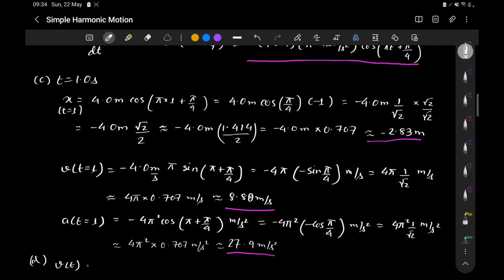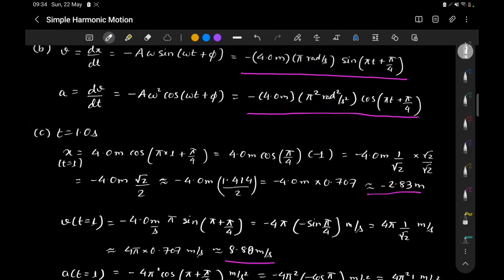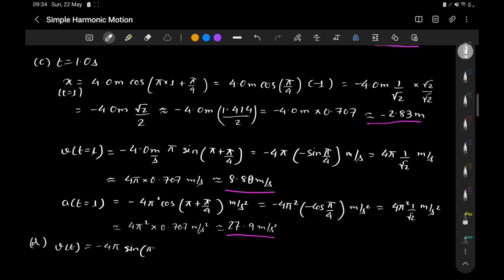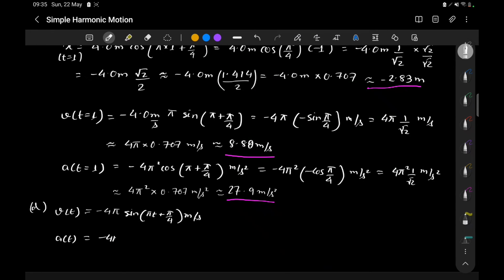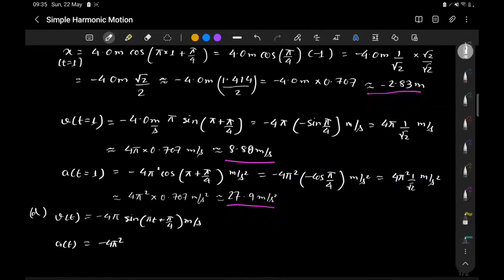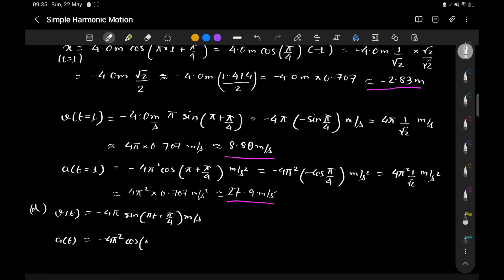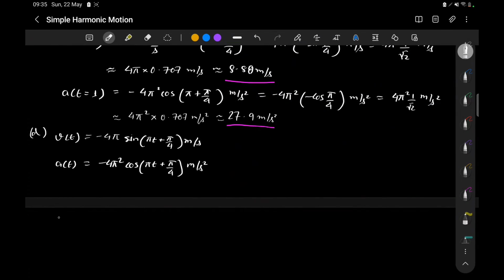So our maximum speed is going to be, when the sine takes the value -1, then we get -1 times -4 pi, which is +4 pi.